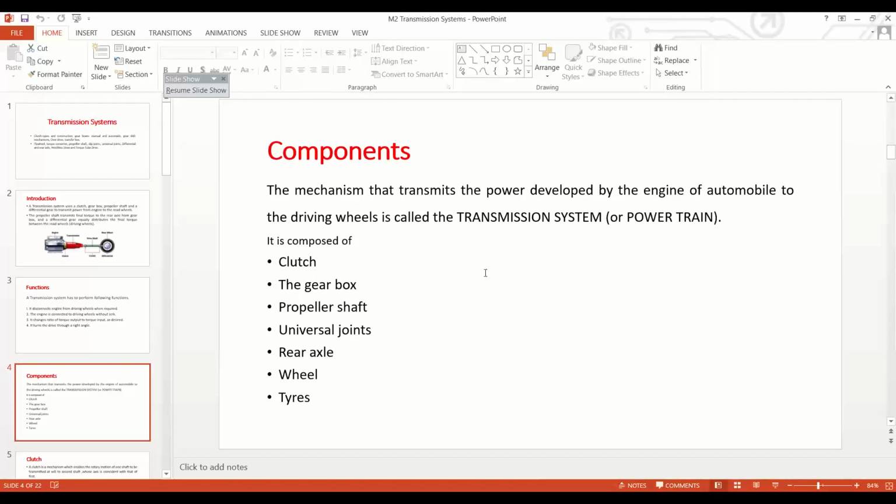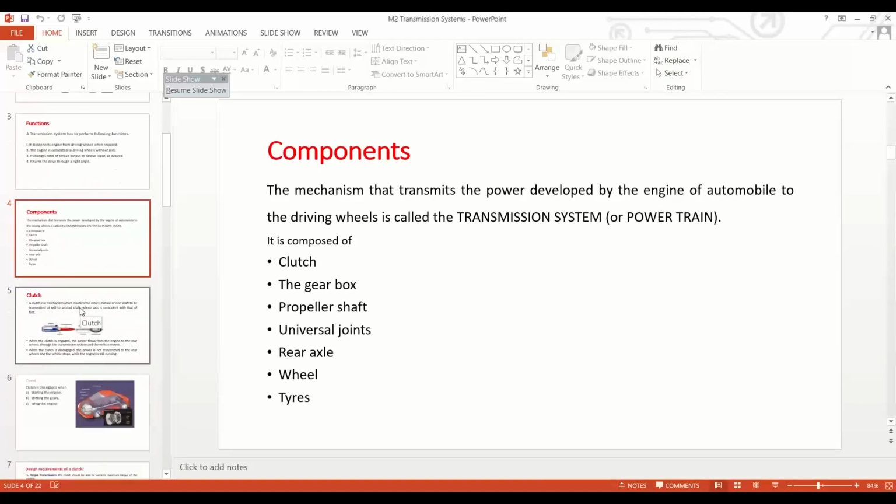Transferring the power from the gearbox to the rear axle or differential will be done by universal joints and propeller shaft. And finally the power has to be divided equally and shifted at right angles. That will be done by the rear axle as well as the differential. So these are the different components of a transmission system.